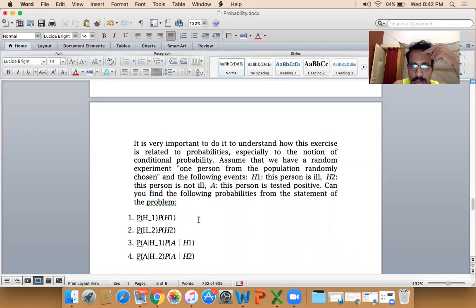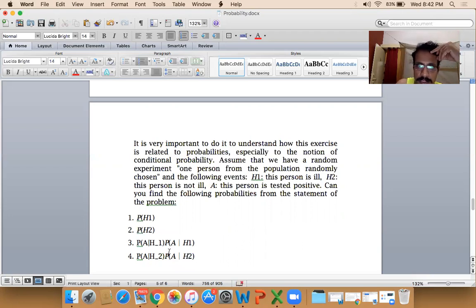So now the problem statements are like: first, we wanted to find out how many people are ill, which is the probability of H1. Then how many people are healthy is the probability of H2.